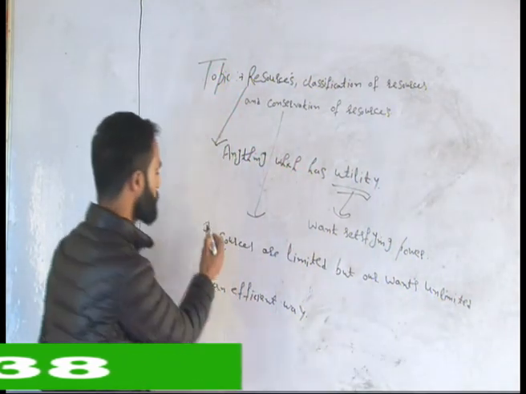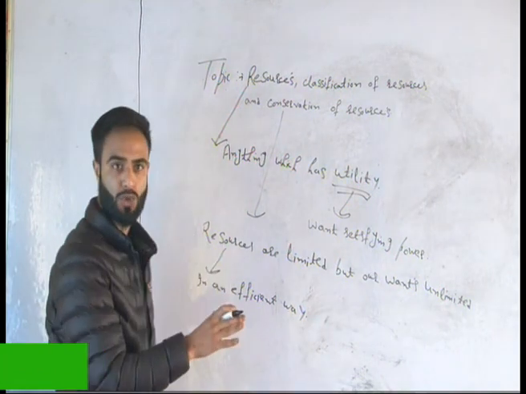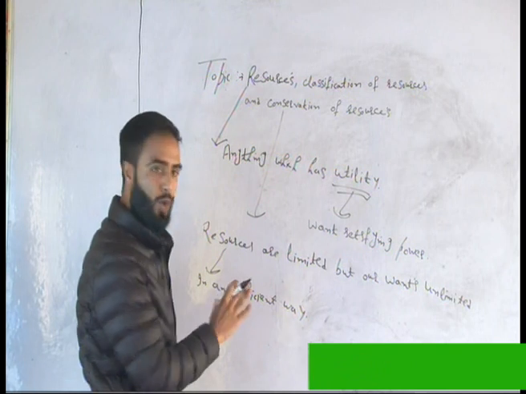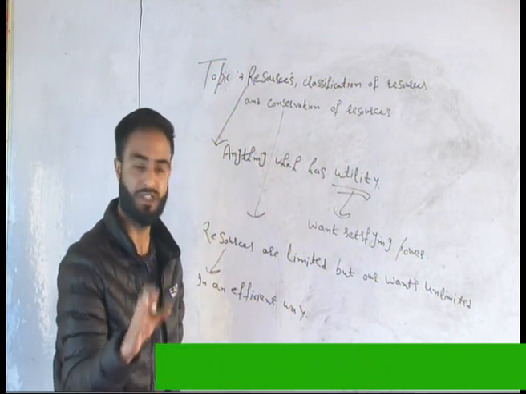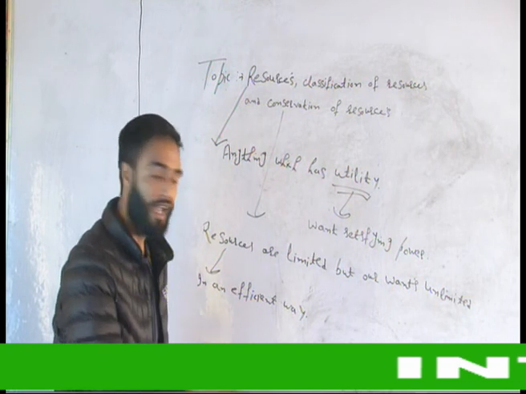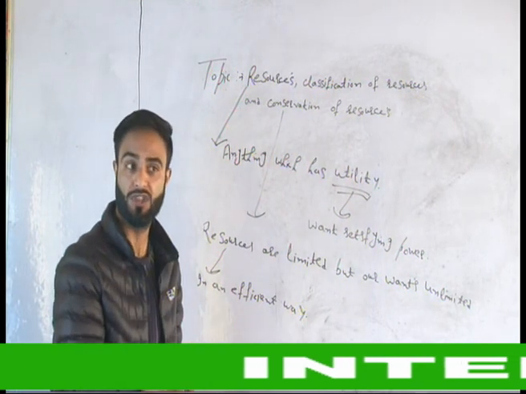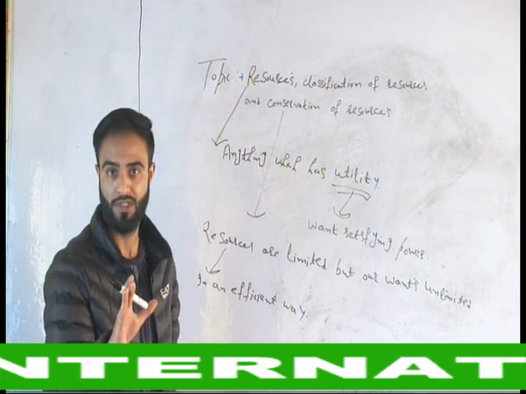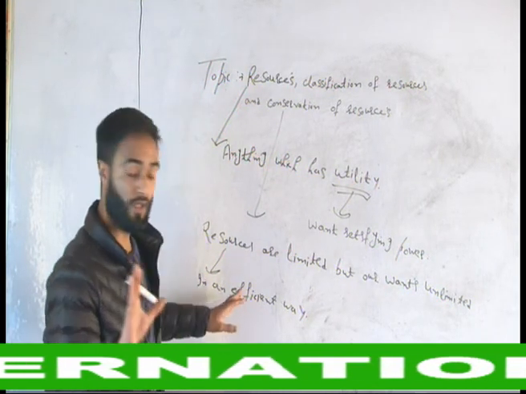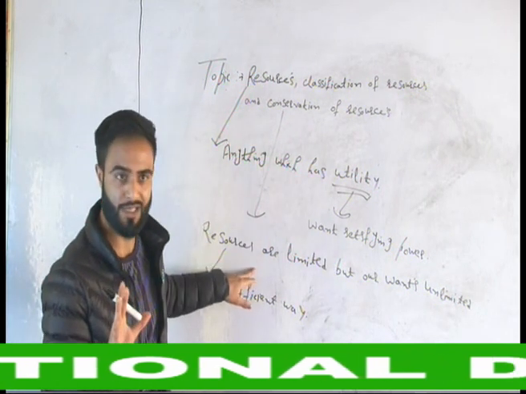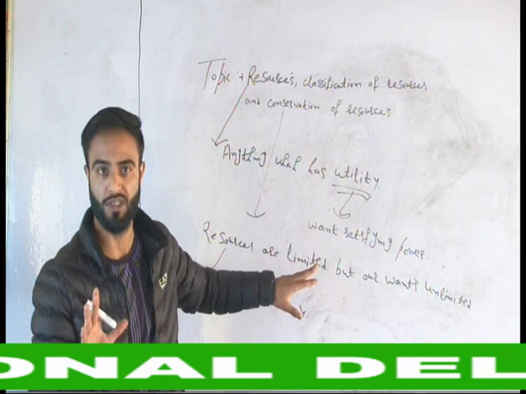We have to use these resources at any cost because we need them in our day-to-day life, but in such a way that we can satisfy our present wants and also retain these resources for future use too. That is called conservation. Conservation arises because of the limitedness of resources and unlimited wants.